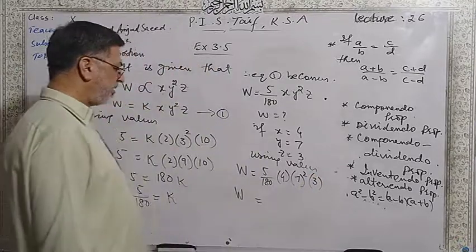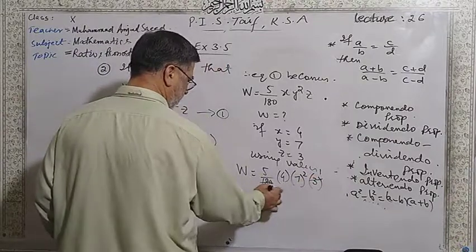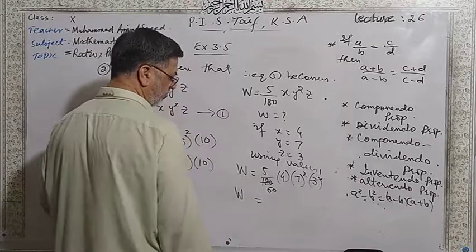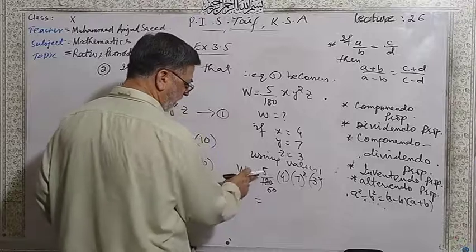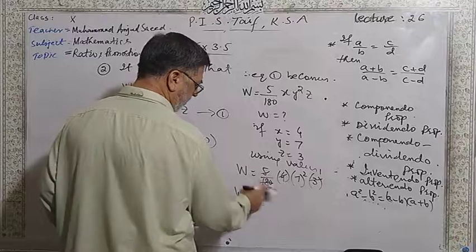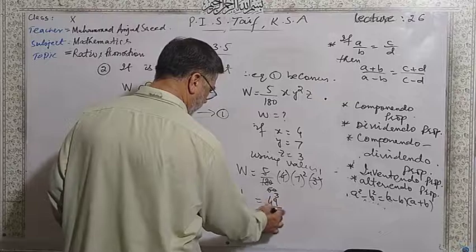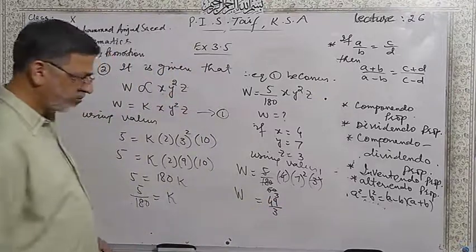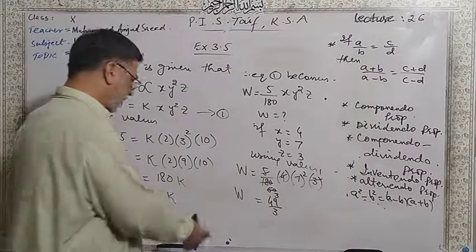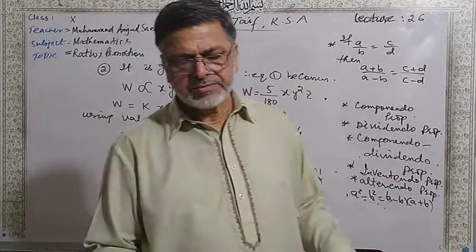Now you can simplify. 5 for the 20, 20 divided by 60 is 3. So here it is 49 over 3. You can simplify, you can divide it, and you can get your answer in decimal.